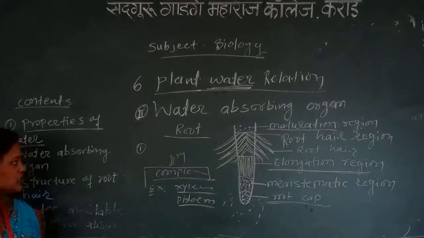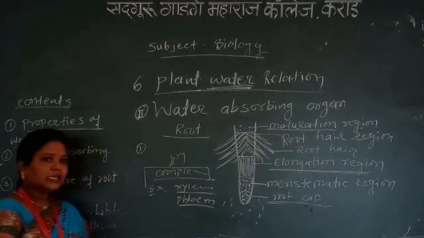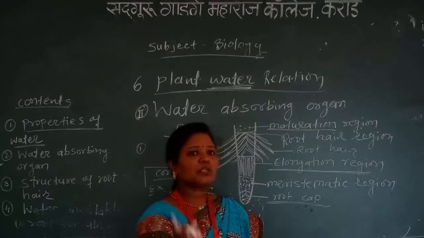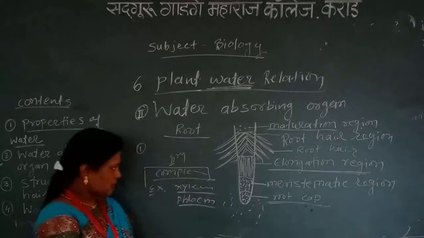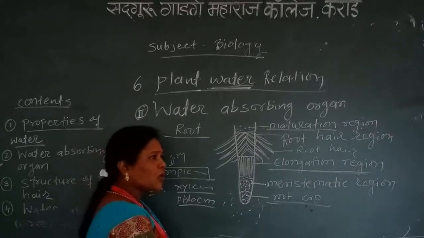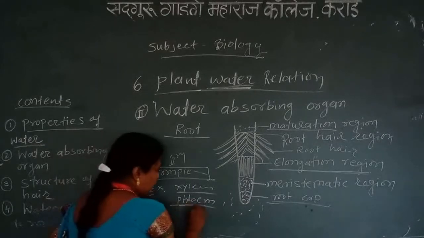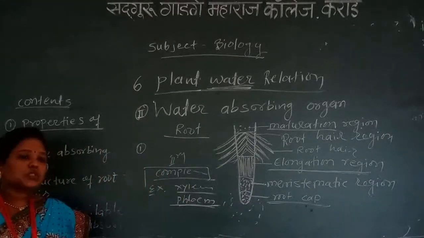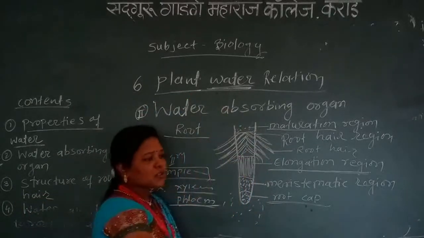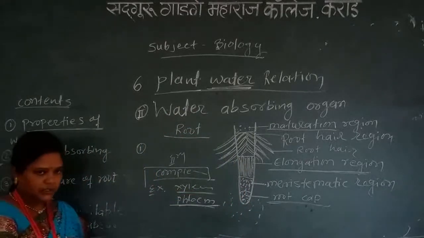So what is the function of xylem? It transports water from one part of the plant to another part, in one direction, from the lower portion to the upper portion of the plant. Phloem transports food material from the upper portion to the lower portion and from the lower portion to the upper portion, in both directions.